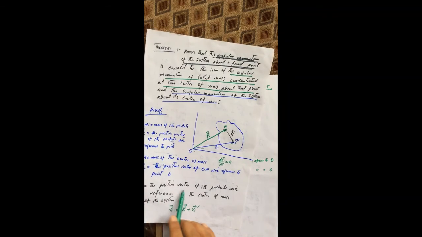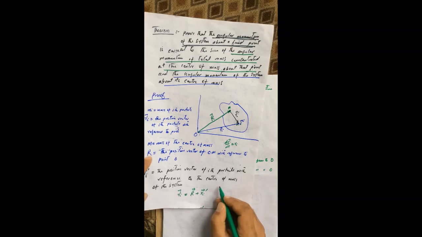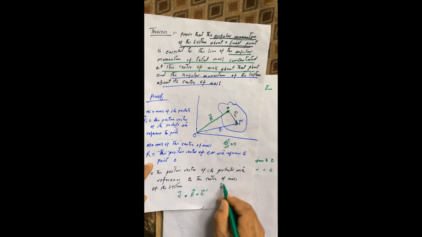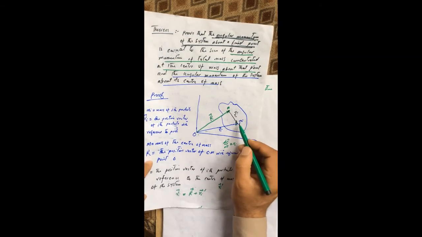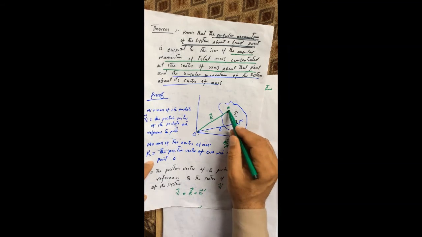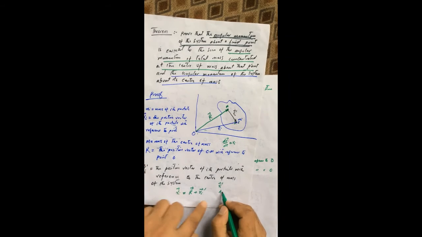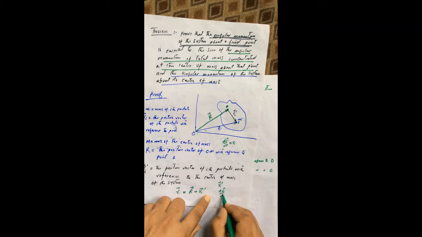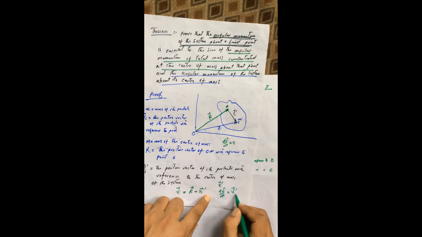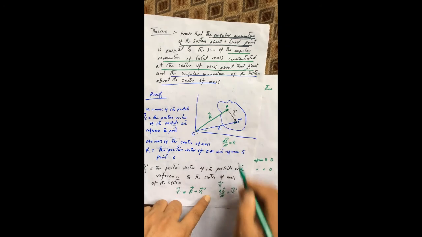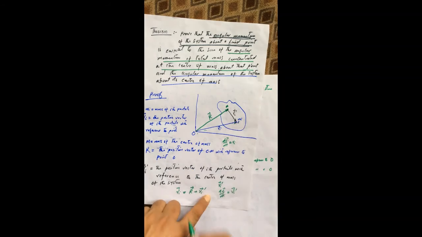As I already mentioned, Ri prime is the position vector of the ith particle with reference to the center of mass. If I take its derivative, dRi prime over dt, I get Vi prime, which is the velocity of the ith particle with reference to the center of mass.